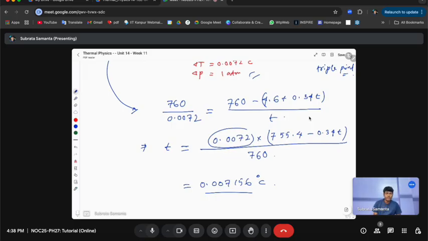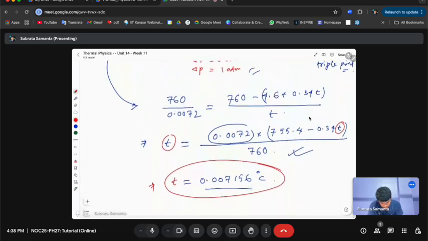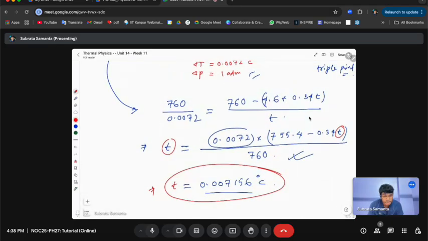Please cross check this number using your calculator. There is also T on both sides, so first put it on the left hand side and then calculate T. So T equals this. Any question?